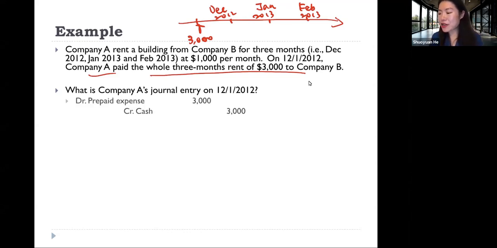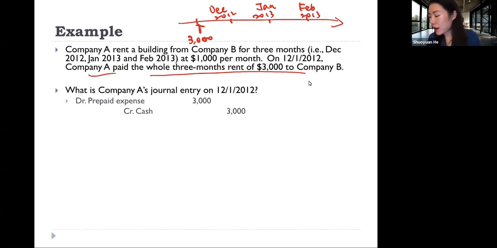Company A paid the whole 3 months of rent on December 1st, 2012. Has company A really been using this building yet? It just started using this building, right? So we can view it as not really having begun using this building yet.